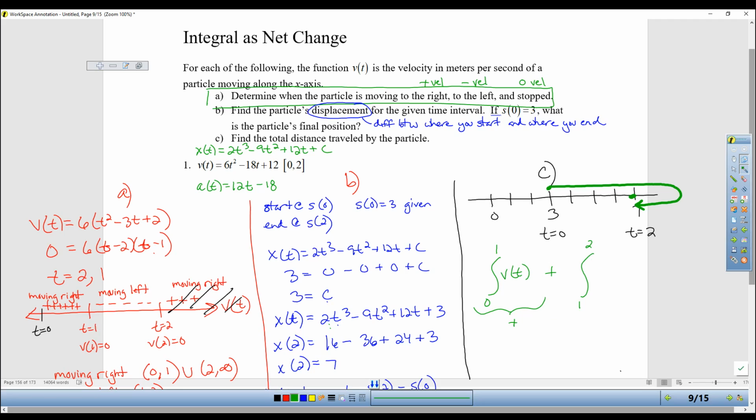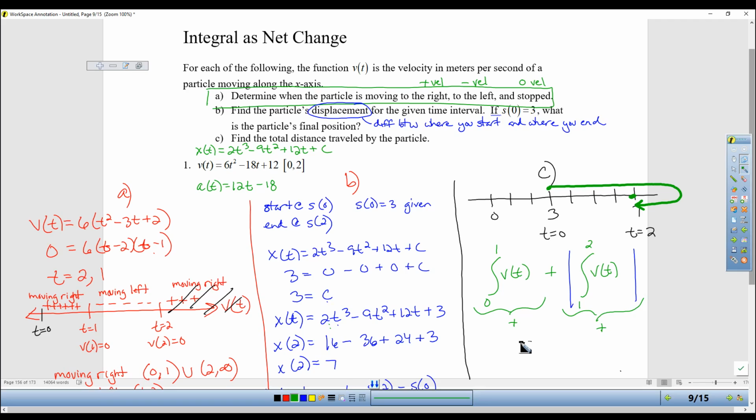I don't know how far, but I am going to put absolute values around this because this number is going to come out to be negative because it moved backwards. So its distance was negative, but I'm going to take the absolute value of it so I can add these two numbers together. So you can go ahead and do that integral on your own.